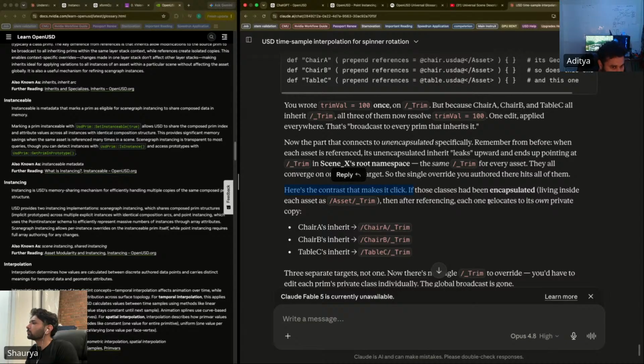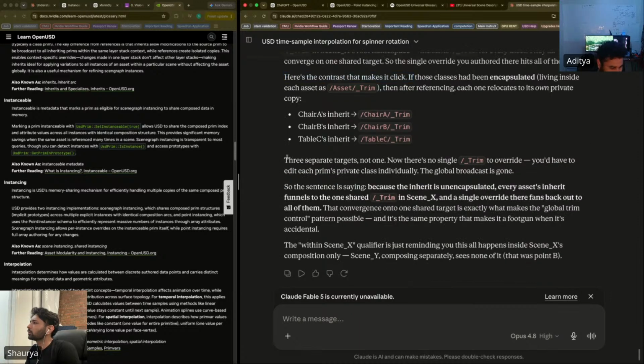If any of these files would have been inheriting directly from the asset trim, then they won't have that broadcast. Each brings a private class, and the global broadcast is gone.